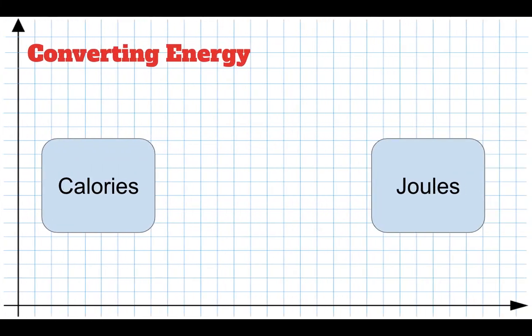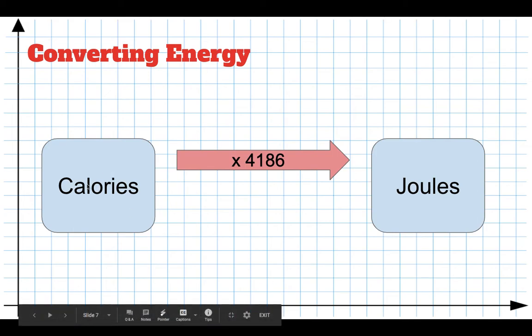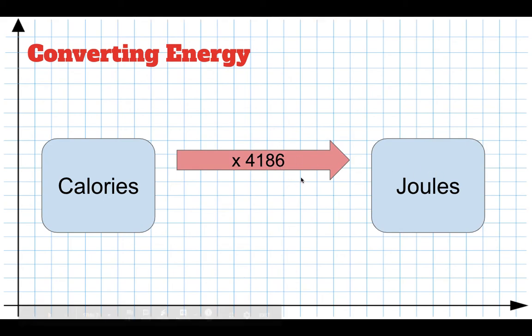All right, so in order to do some problem stuff, we have to know how to convert back and forth between calories and joules. So I'd like you to jot this down in your toolbox, please. If you have calories and you want to find joules, you're going to have to multiply by 4,186. So if you have a number in calories and you want a number in joules, you multiply by 4,186.